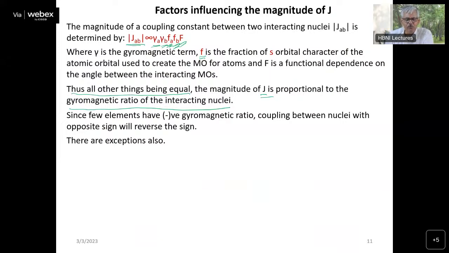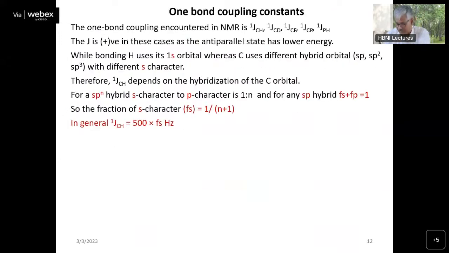Since few elements have negative gyromagnetic ratio, coupling between nuclei with opposite sign will reverse the sign. That also you must remember. That's why I was telling you that it depends on the sign of the gyromagnetic ratio, but as I told you, there are exceptions also.